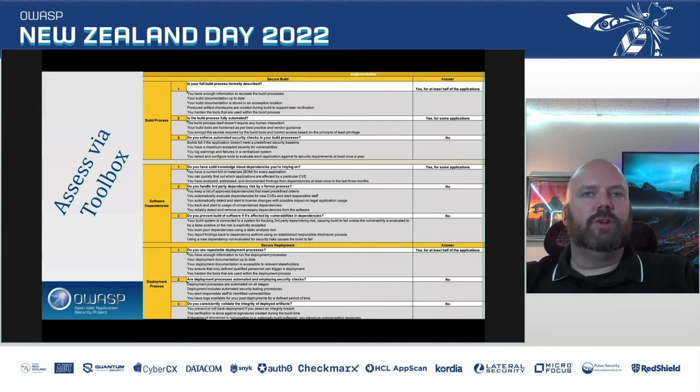So in SAMM's setup, you can self-assess, or you can get a third party to do an assessment for you. Having done a little of both, mostly third party, not as much self-assessing, one of the ways that I found most useful to conduct SAMM assessments is to have somebody study the model, understand what the questions are, and then go interview roles and people who are responsible for doing the work.